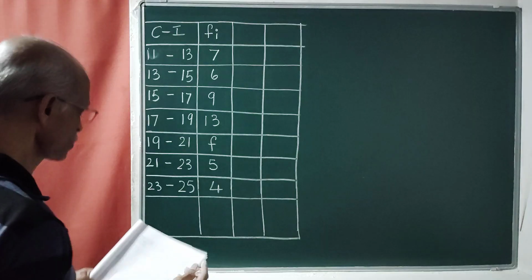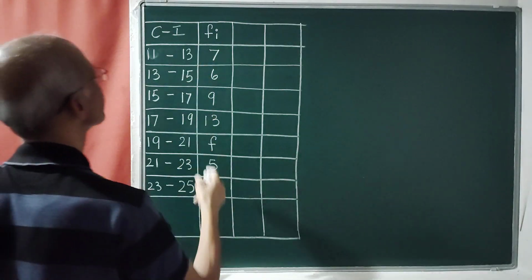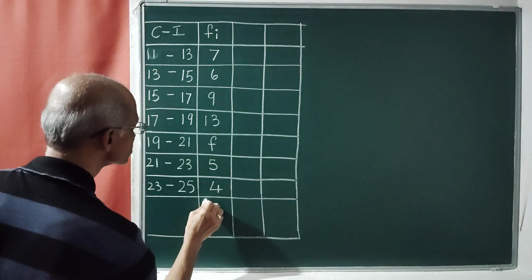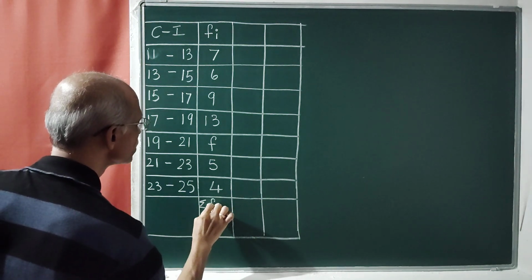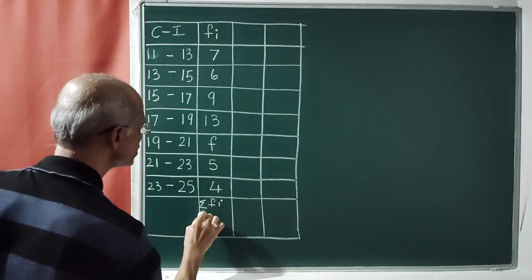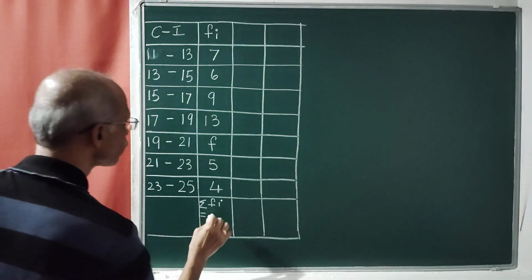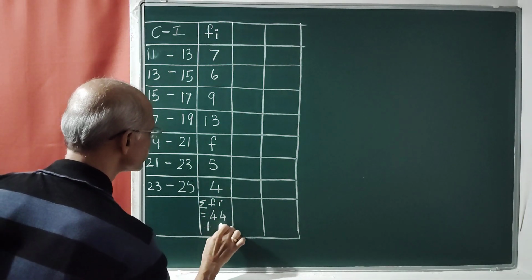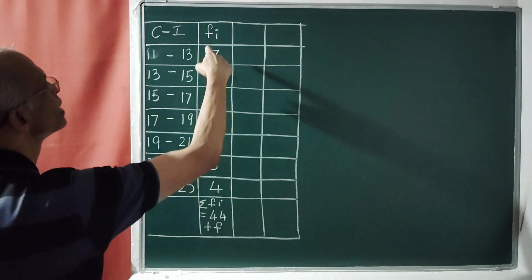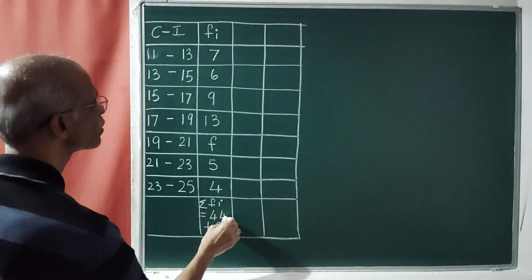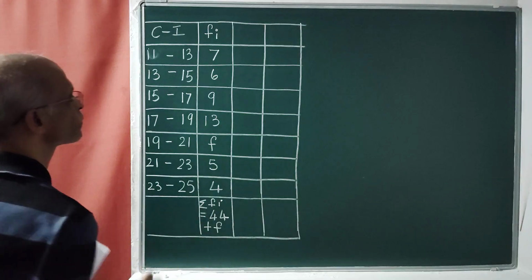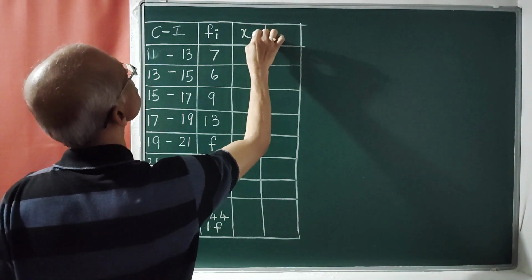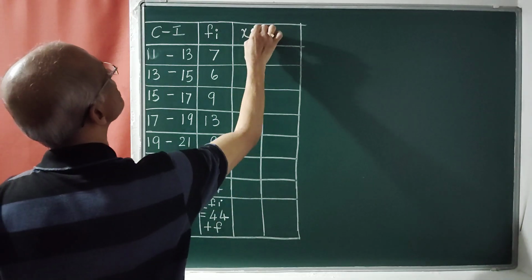So first step is to find the sigma fi. If you add all these, we'll get sigma fi is equal to 44 plus f. Next, we have to find out xi. Xi means the class mark.